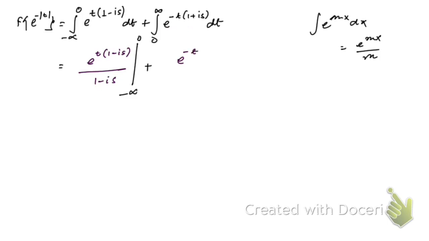If you integrate this, then you're gonna have minus t 1 plus is by 1 plus is, integration from 0 to infinity.